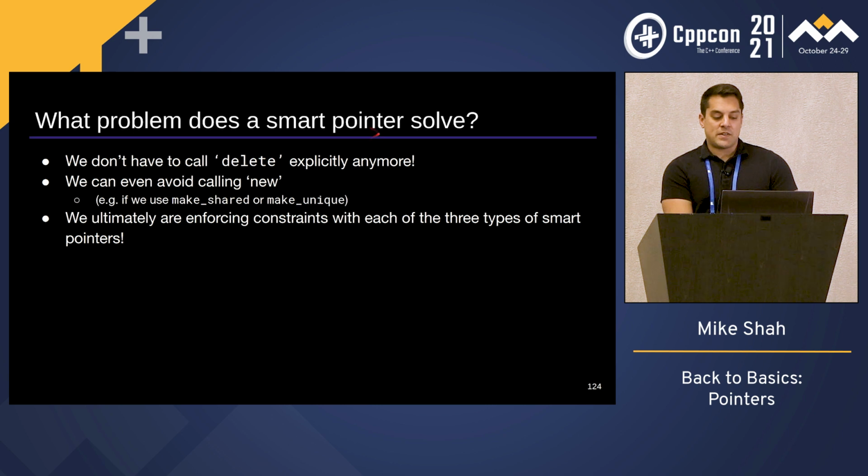Okay, so they solve some of the problems where we might not have to call delete explicitly anymore. In some cases, we can even avoid calling new. We have member functions to do that. Make unique pointers, make shared pointers. And we're ultimately enforcing some type of constraint with each of these pointers and how they behave. So it is more to learn, but it's going to make our programs potentially much, much safer and easier to manage as they scale.